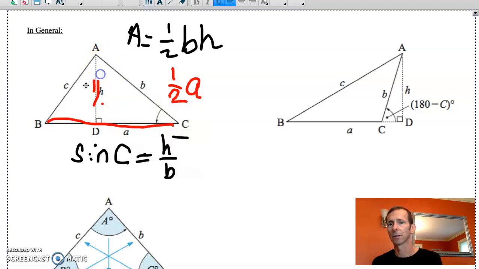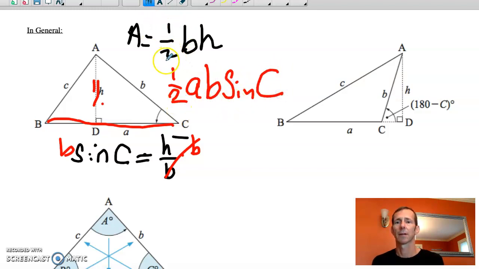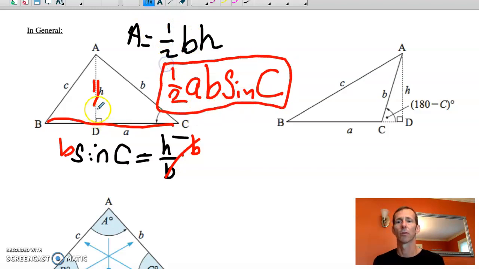If I want to find the height, I have to multiply that B away. And so the height up here is B, which is this side right here, not the B up there for base, B sine C. And that is how we can find the area of any non-right triangle if we don't know the altitude.